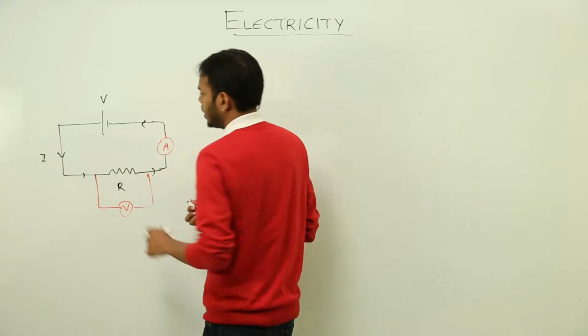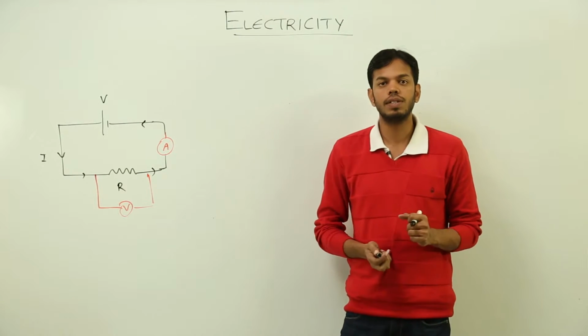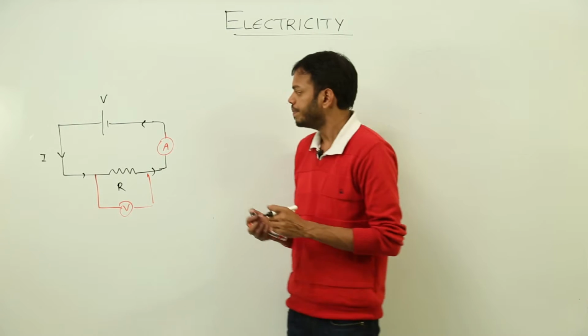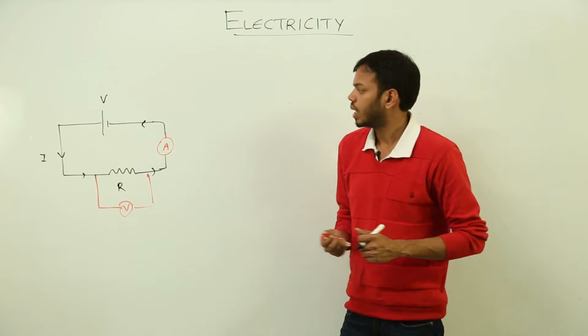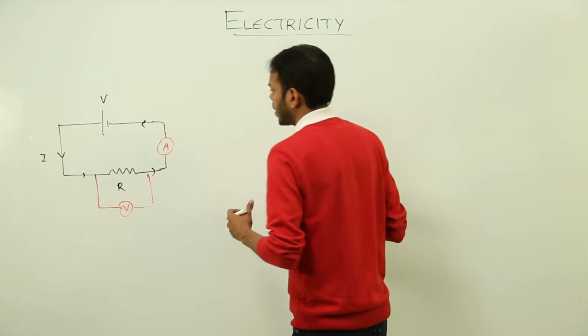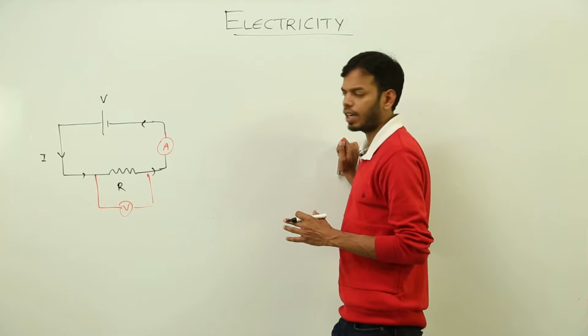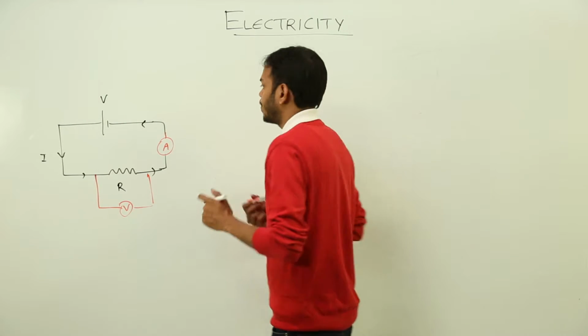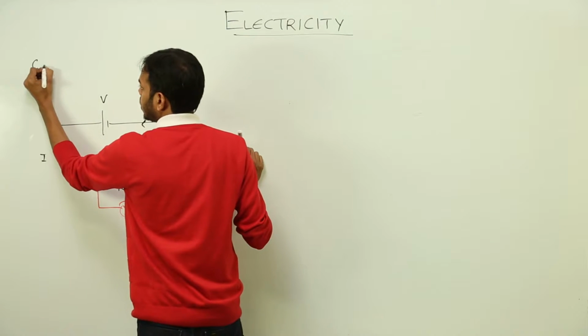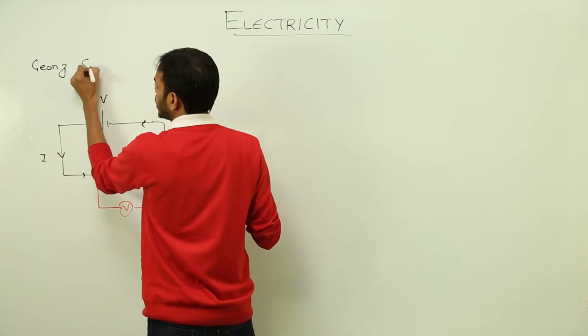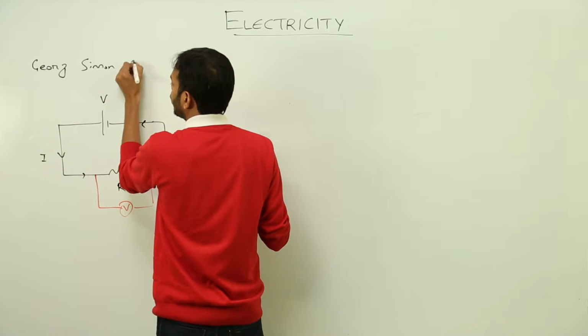Now, there was this German physicist, George Simon Ohm. The complete name was something Simon Ohm, I don't recall it right now. Okay, this was the spelling: George Simon Ohm.